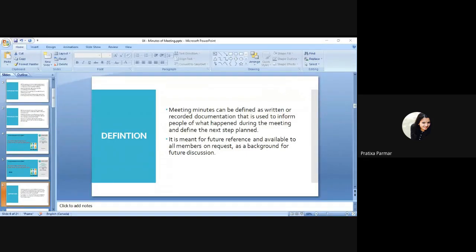So that way, it is a very helpful official document that can be helpful for other people who somehow could not join the meeting. Once they go through the minutes of the meeting, they can understand the entire discussion that you have had in the meeting. So that way it is helpful for them.